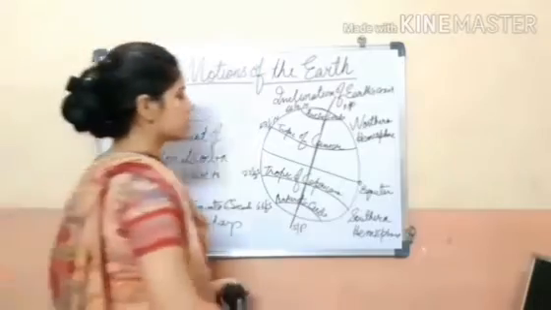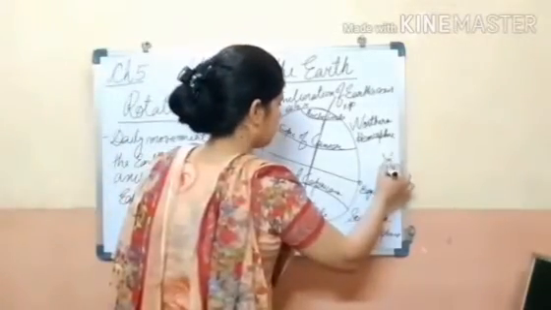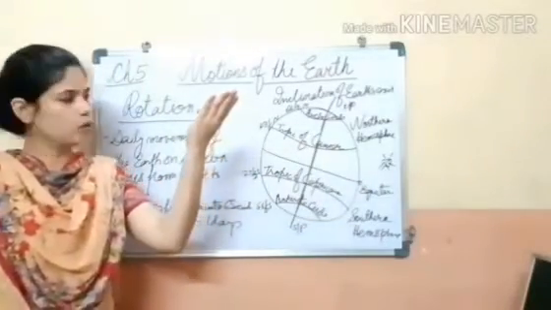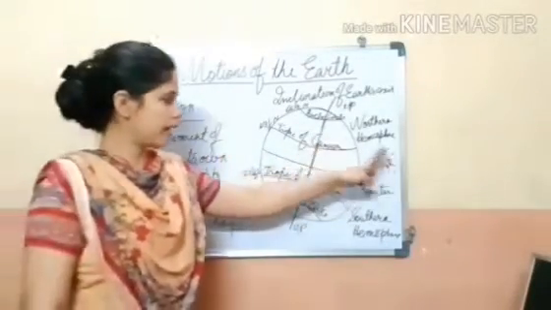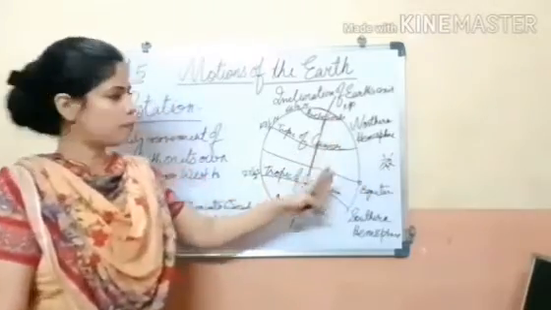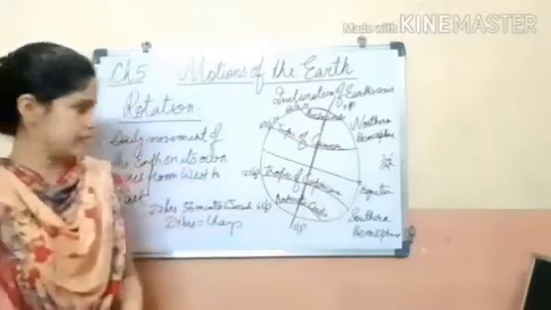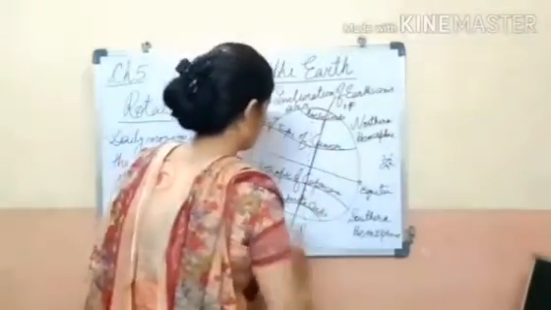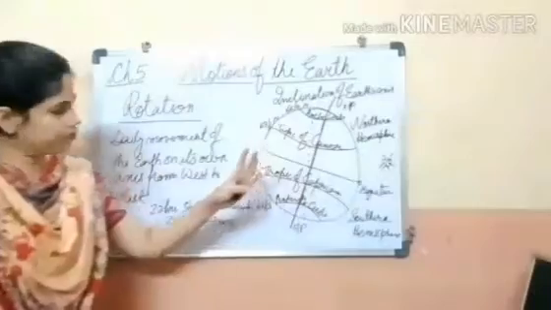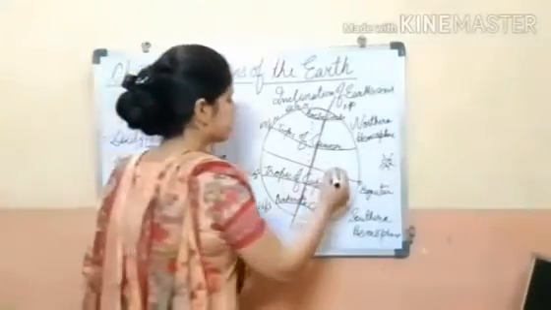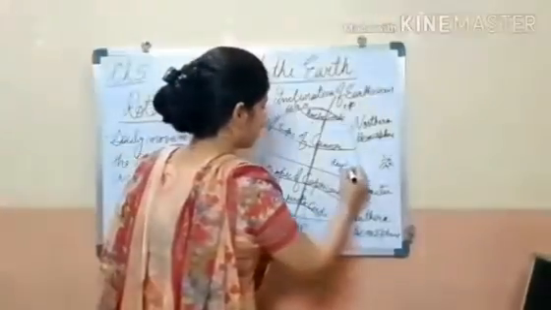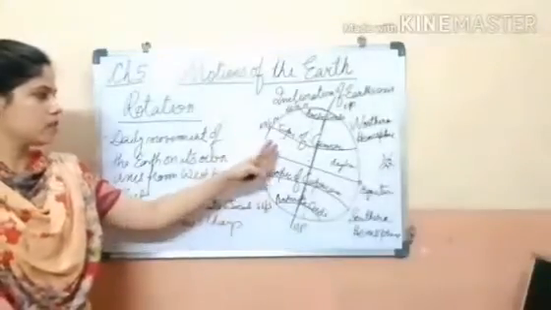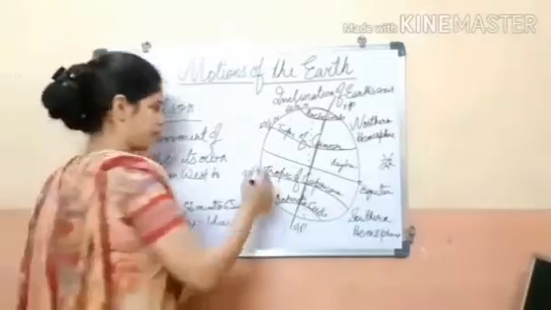Now suppose this is the sun and the rays of light fall on the earth. The part of the earth that receives the light is having daytime. Suppose this one half gets light, that will experience daytime, and the part of the earth that doesn't receive any light will have nighttime.